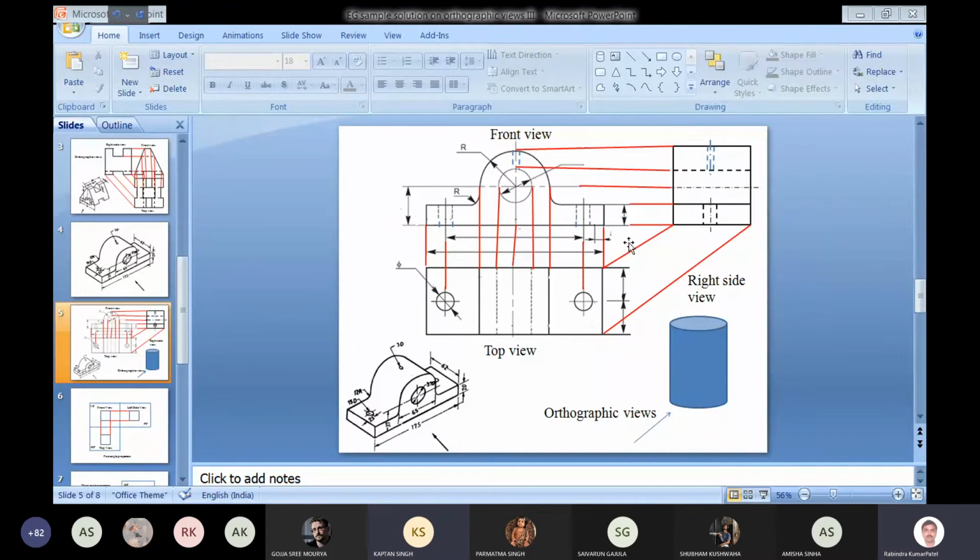Oh, yes, that should be there. One small circle should be there here. Yes, you have correctly pointed it out. So here a small circle should be there, like this.